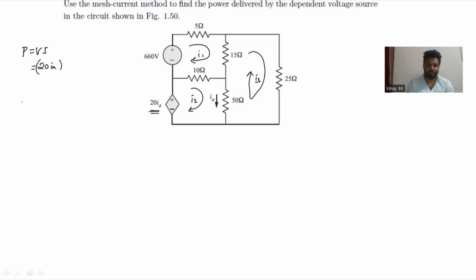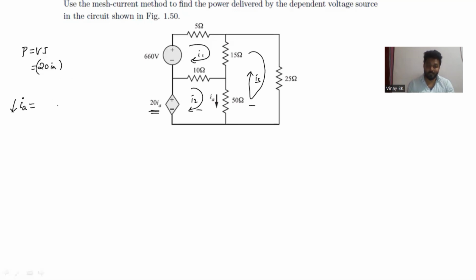IA is given by, the direction of IA is downward. IA is flowing between two loops, the I2 loop and the I3 loop, so we have to observe the loop current directions of I2 and I3.